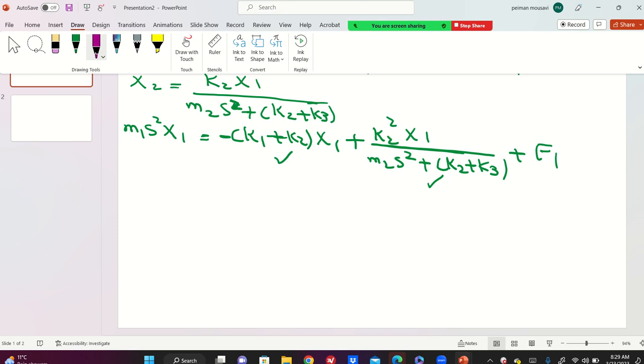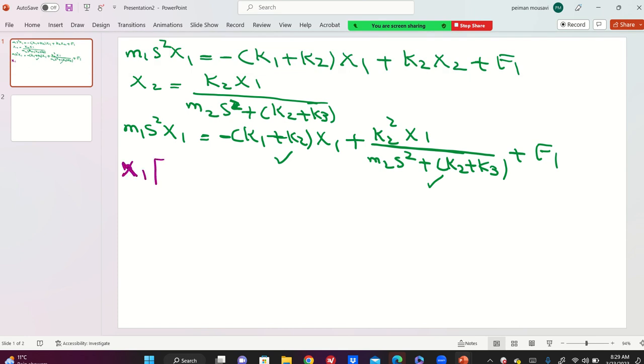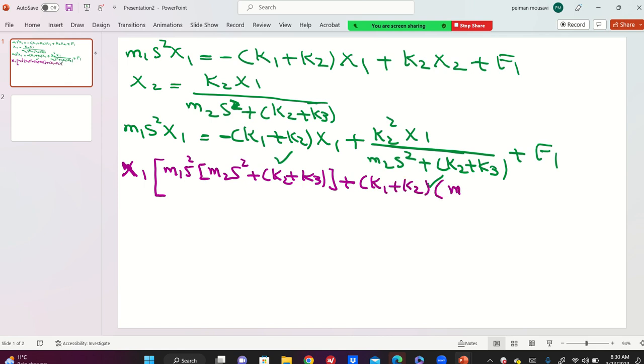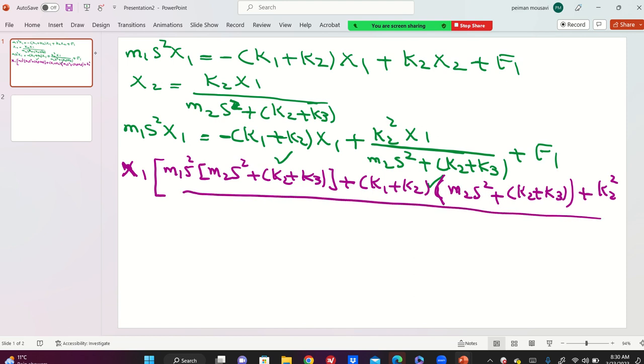So if I do that, you get x1, then m1 s square multiplied by m2 s square plus k2 plus k3, plus k1 plus k2 again in m2 s square plus k2 plus k3, okay, plus k2 square and m2 s square plus k2 plus k3.